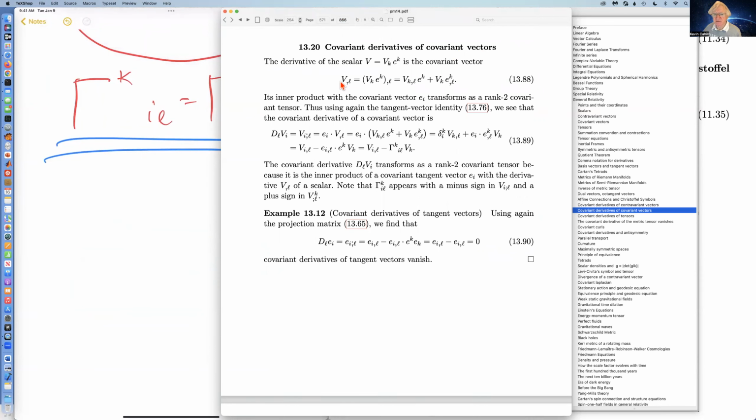So here we do the same thing. We have here a covariant vector bk. We need a scalar, so we take its dot product. We take a linear combination of the components of the covariant vectors times the cotangent vectors. That's a scalar, and so its derivative is a covariant vector.